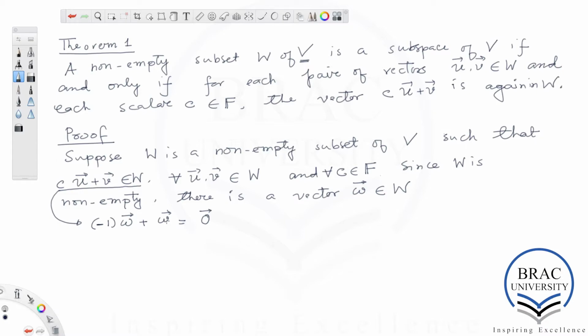And we know that C times U plus V is in W. So -1 times W plus W, which is the 0 vector according to the vector space definition, also belongs to W.